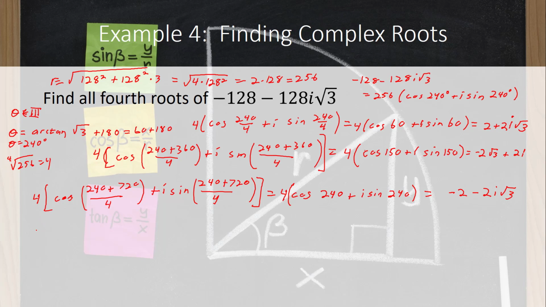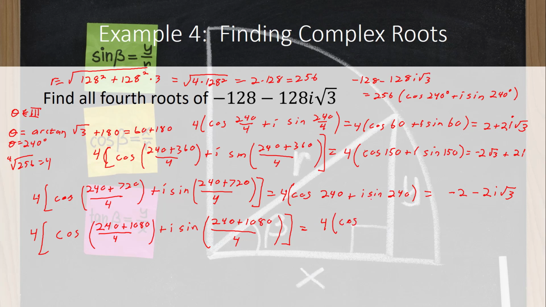And then finally, for the last root, you will have 4 times the cosine of 240 plus 1080 divided by 4, plus I times the sine of 240 plus 1080 divided by 4, and then that will be equal to 4 times the cosine of 330 degrees plus I times the sine of 330 degrees.